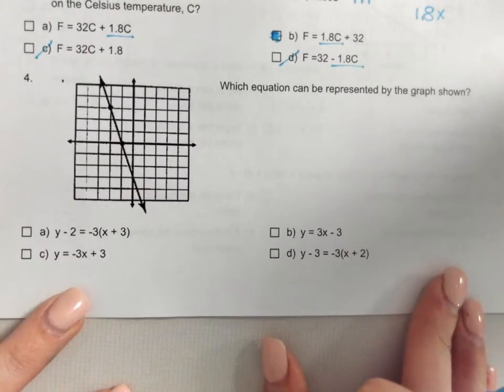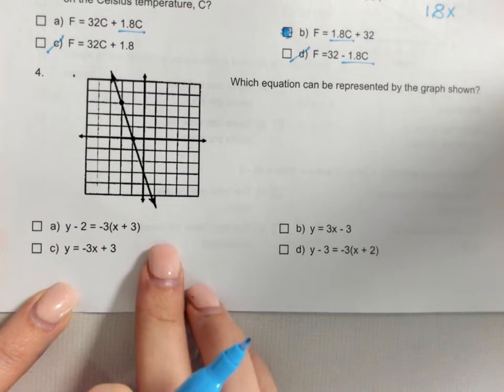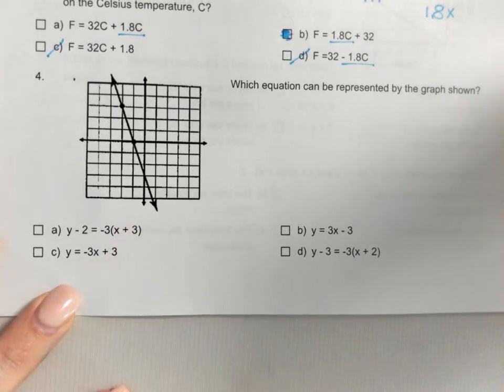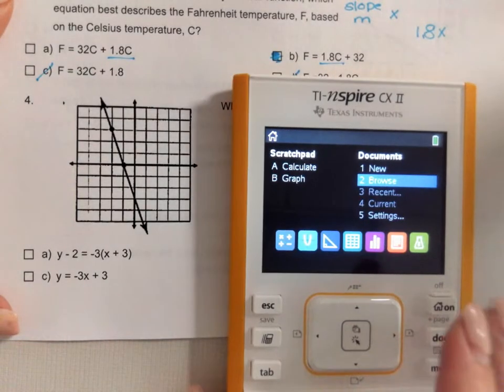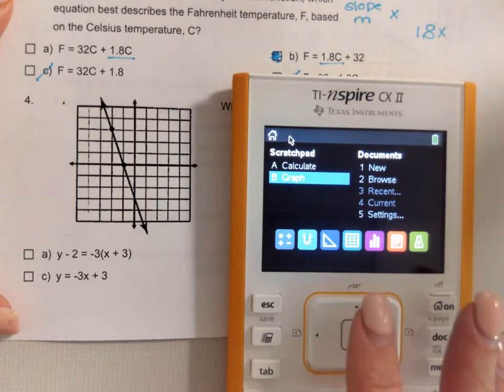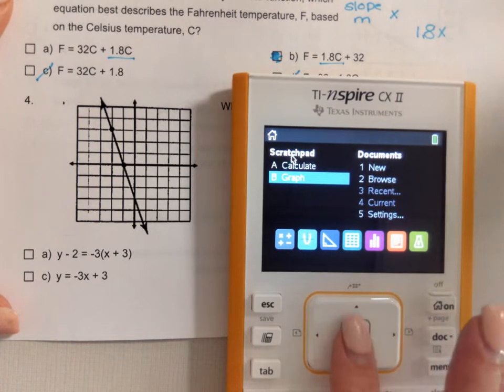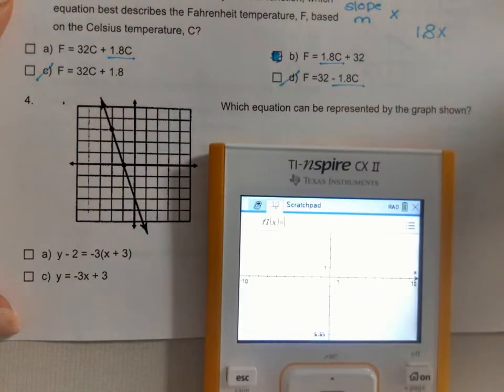Which equation can be represented by the graph shown? Okay, so these are not solved for y, but on our new calculators, you can actually plug them in the graph. So now that I've grabbed a new calculator, I'm going to go ahead, go to graph. Okay, sorry, that screen's a little bright. Okay, so I'm going to go to graph.